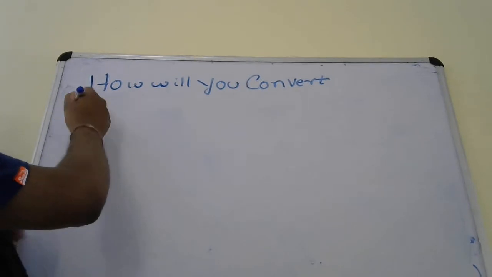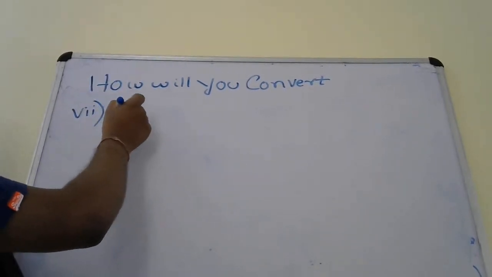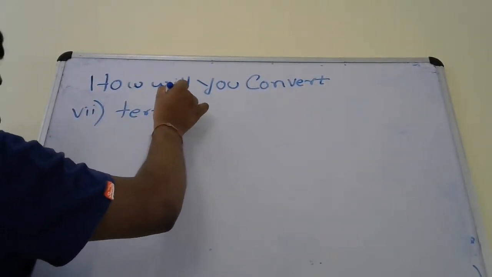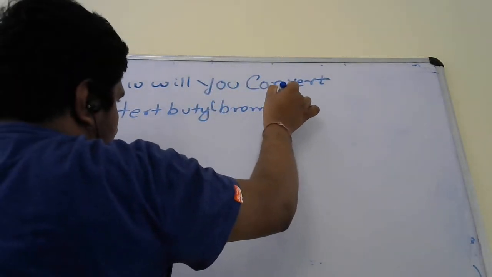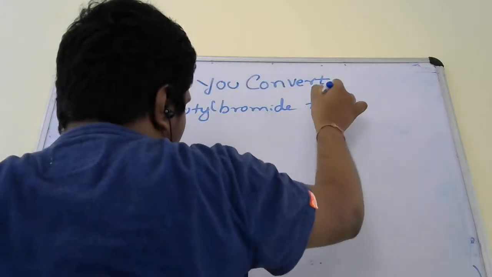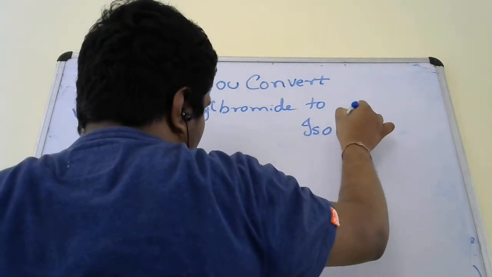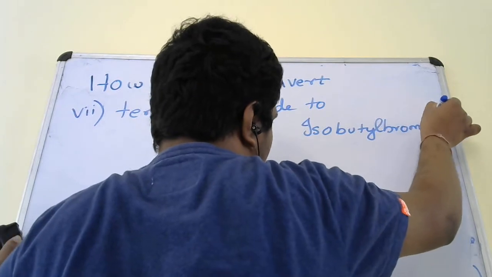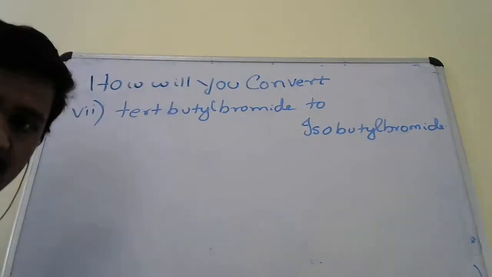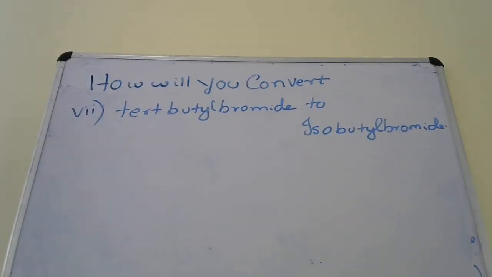The next reaction is, you have to convert tert-butyl bromide to isobutyl bromide. How to do it? Let us see.